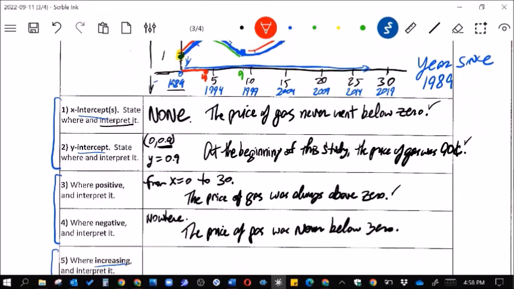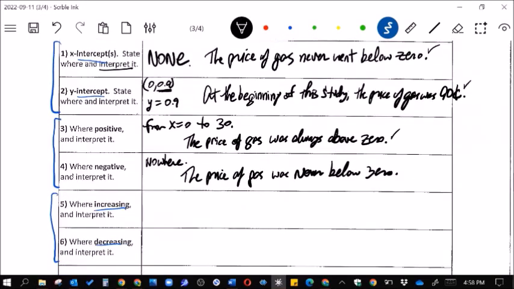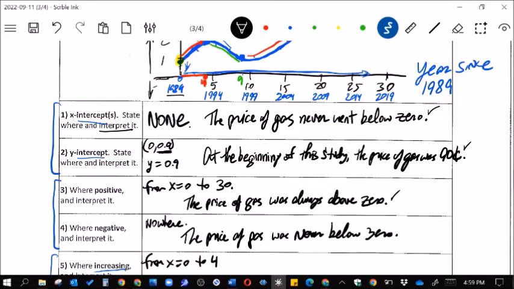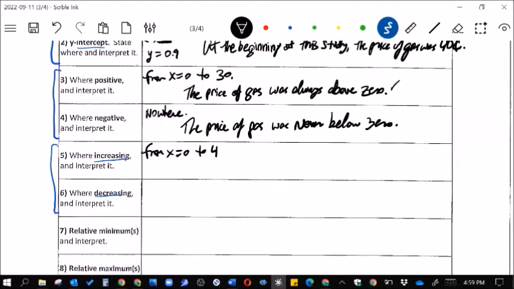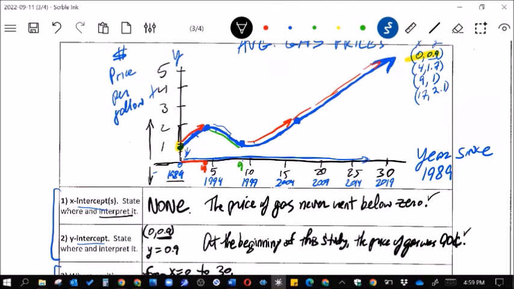So let's start with the increasing part. It's increasing from x equals 0 to 4, along that part of the x-axis. And what does that mean? Well, when it's increasing, it's going up in price.